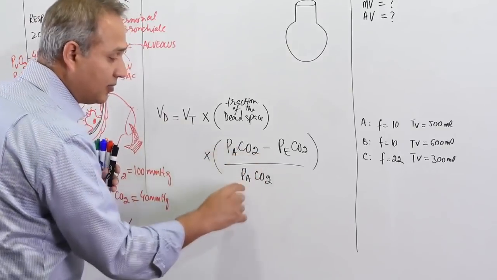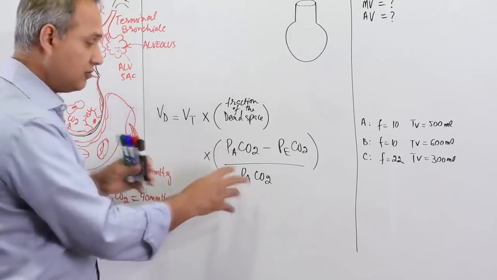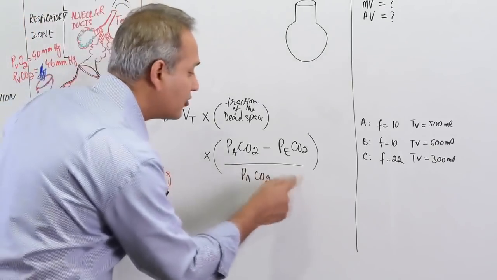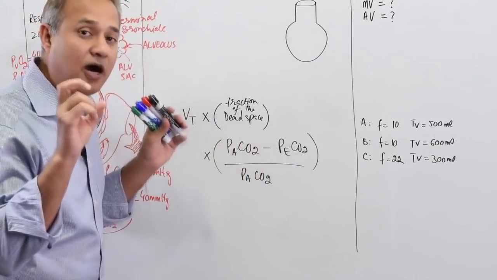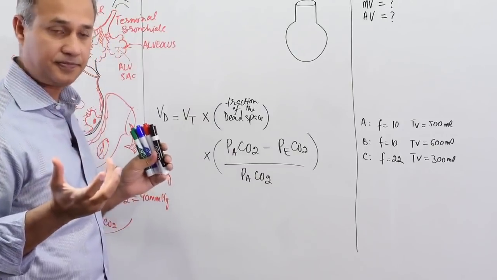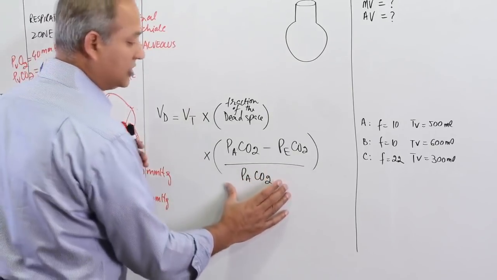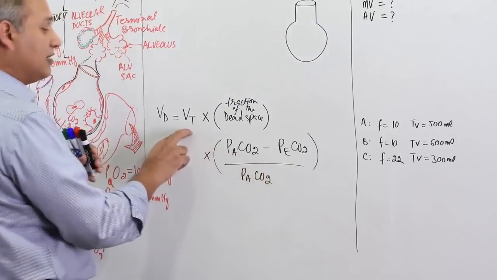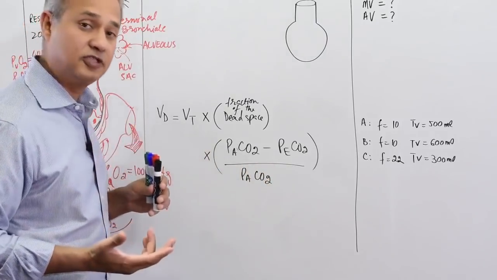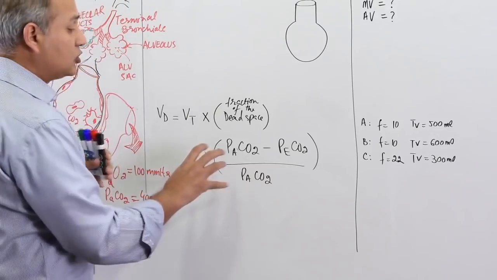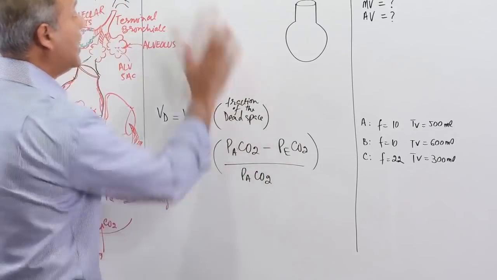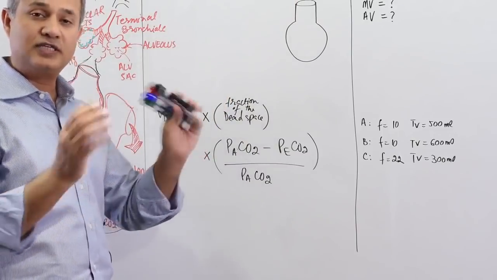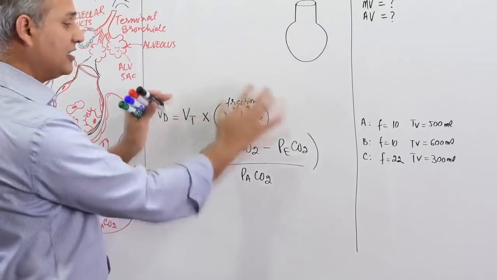You subtract them and divide that with the total carbon dioxide pressure, and that gives you the fraction. What is this fraction? This is the inactive part of the lung fraction. You multiply this fraction, 5%, 2%, 1%, 0%, with the tidal volume, and that would give you the physiological dead space. So for understanding this, we have to understand the alveolar compositions. Once we understand them, then we can derive this.